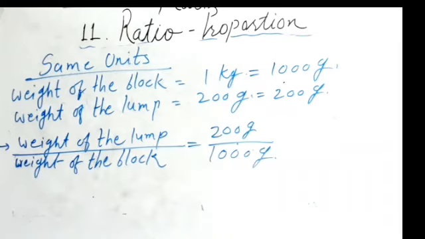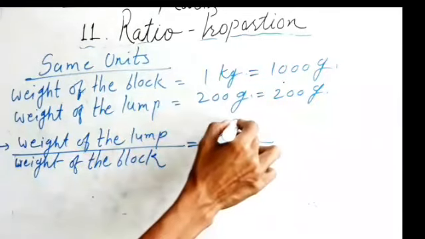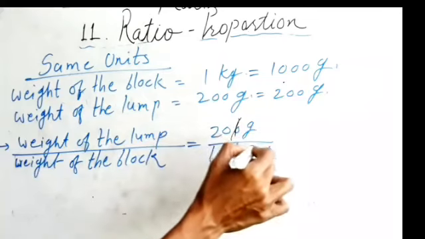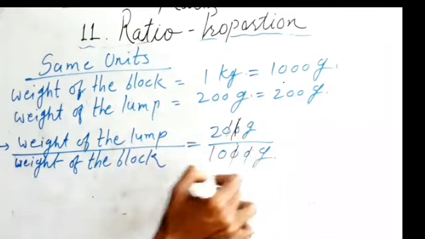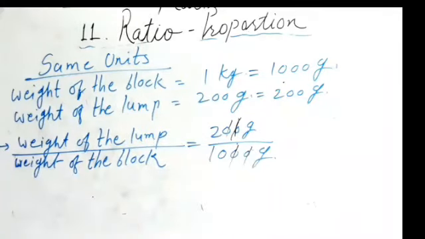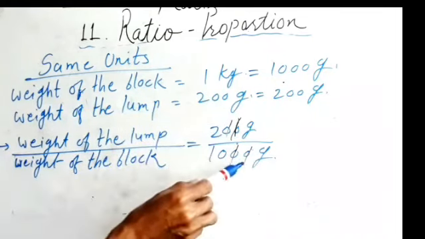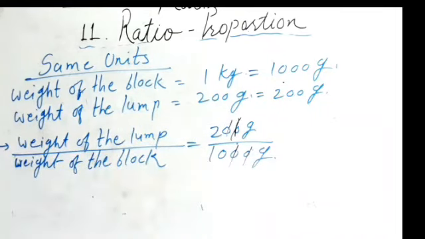So 200 upon 1000, how can I make it into reduced form? You can divide it, or instead of dividing, I will tell you one thing. You can cut the zeros: for one 0 in the numerator, cut one 0 in the denominator, and again for the second 0.